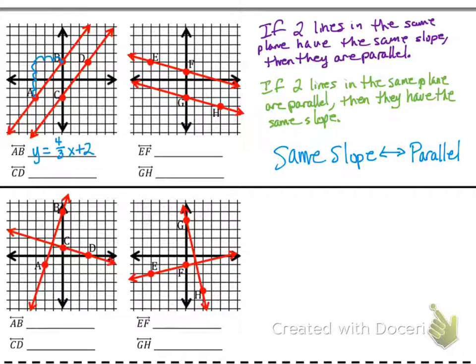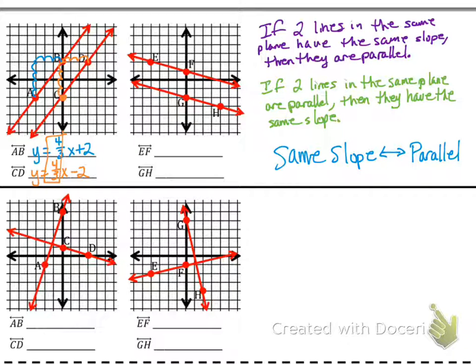For my second graph, line CD, I'm going up 1, 2, 3, 4, and to the right 1, 2, 3. So again, my slope is 4/3 times x, and my y-intercept is at -2. So I see that these two lines have the same slope, and they are parallel. And so parallel, they have the same slope.